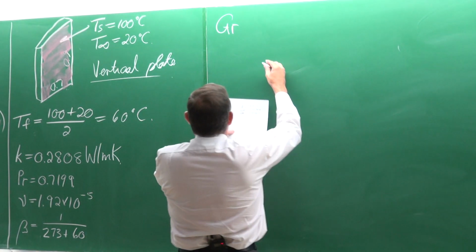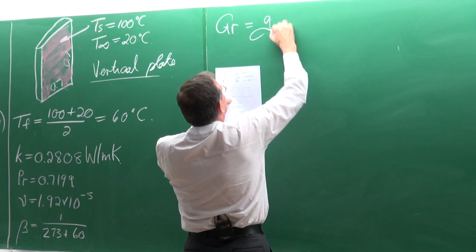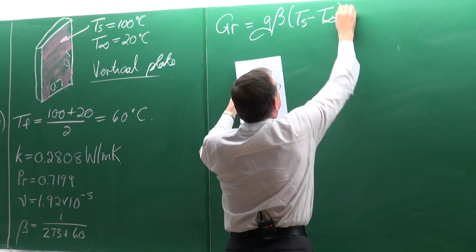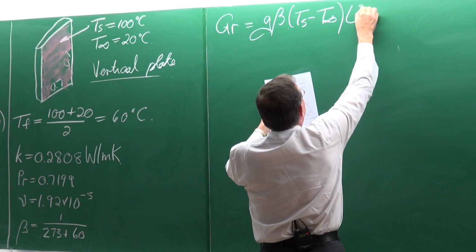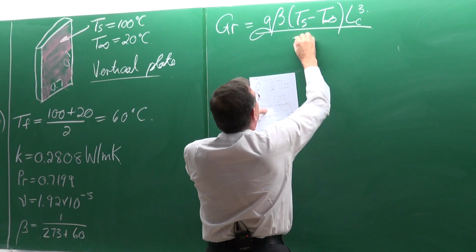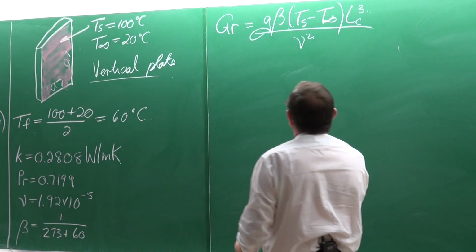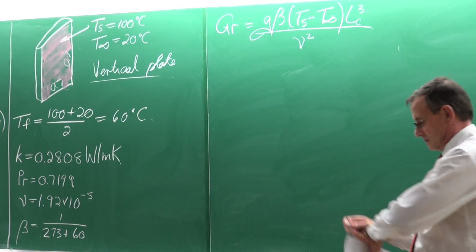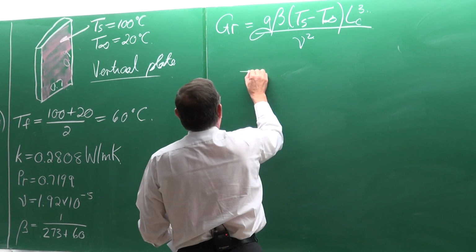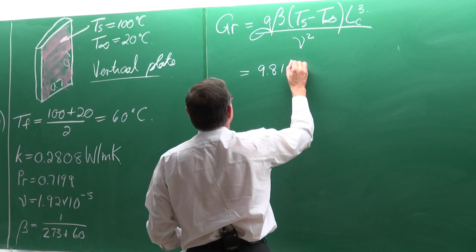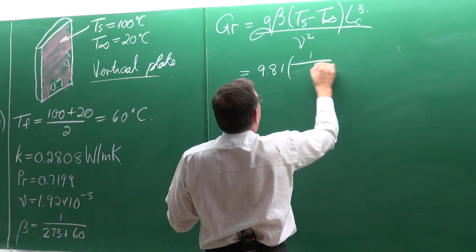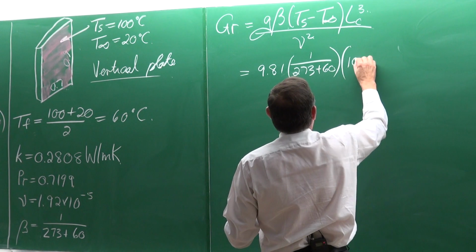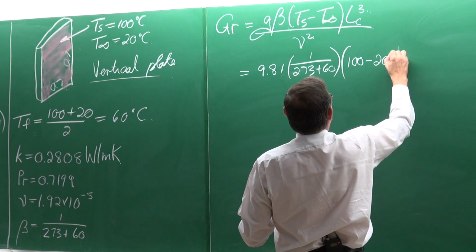So the Grashof number is equal to G multiplied by beta, Ts minus T infinite, multiplied by the characteristic length to the third, divided by the kinematic viscosity, squared. Okay, G is equal to 9.81. Beta is 1 divided by 273 plus 60. Surface temperature is 100 minus 20.